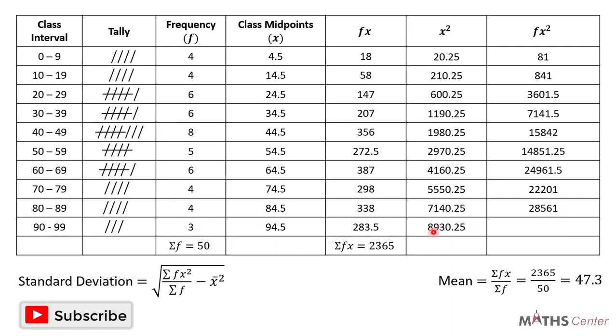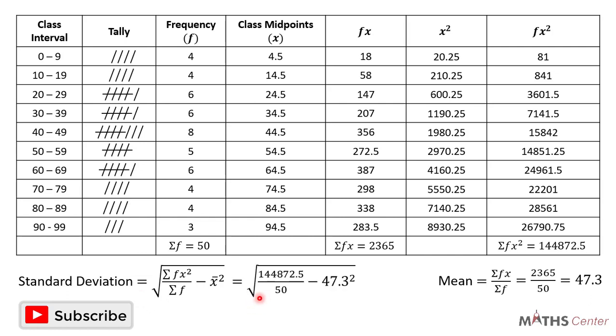And 3 times 8930.25 is 26790.75. We need sigma fx squared, so you add all the values here, and that gives us 144,872.5.